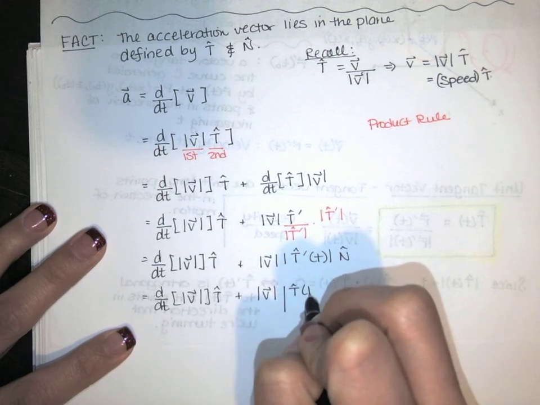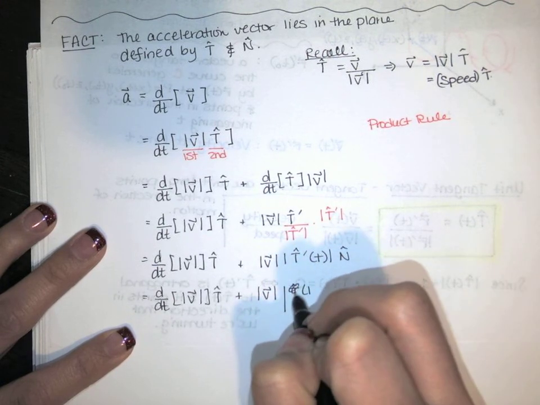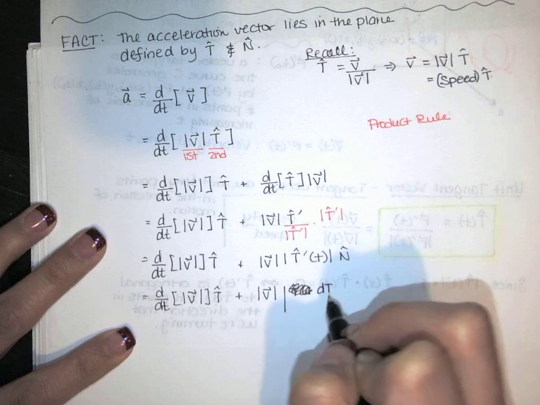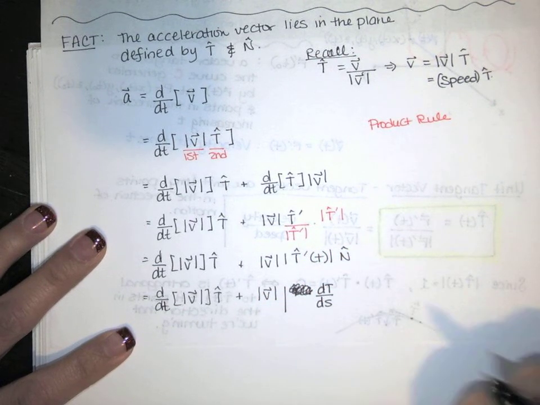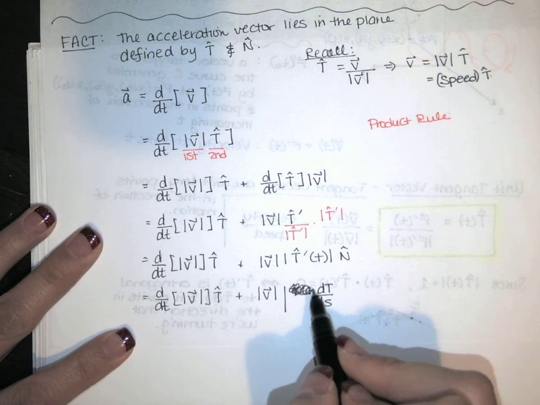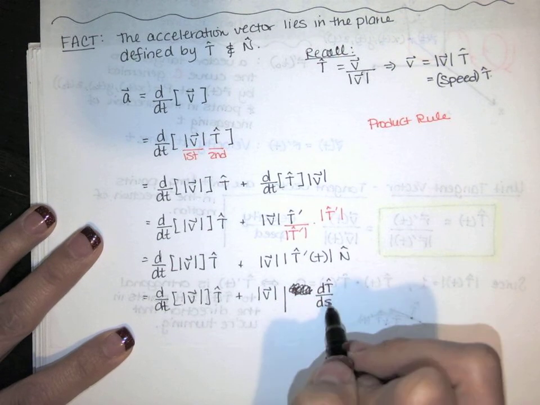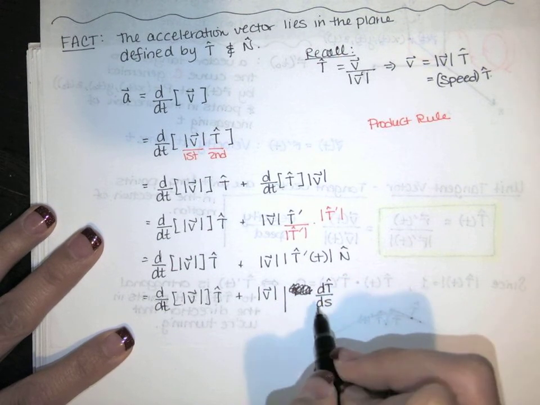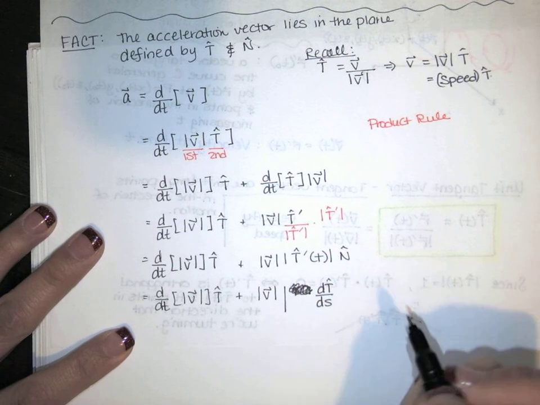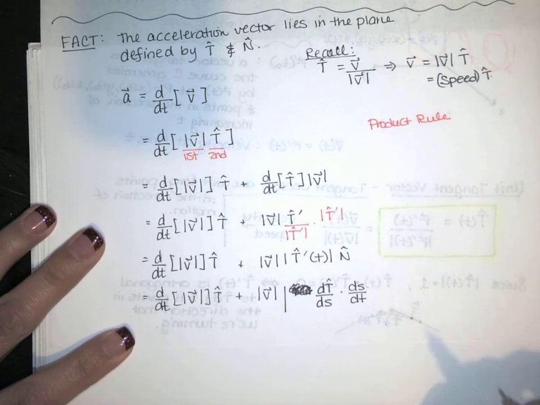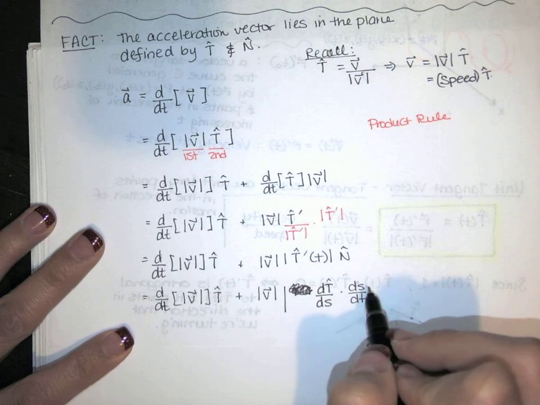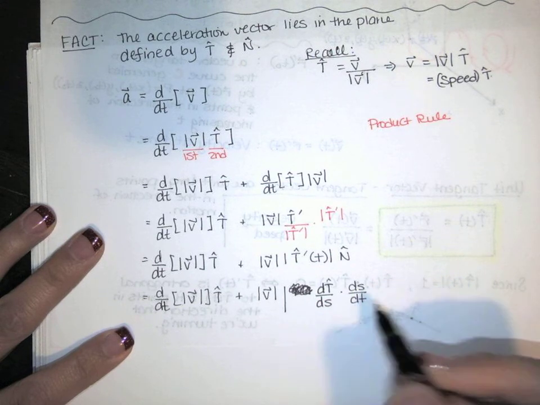Instead of doing that, I could take the derivative of t hat with respect to the arc length parameter, s. So this is the change in the unit tangent as we go a little distance, a little length along our curve, as long as I multiply by ds dt. And that's an instantaneous change in distance traveled along the curve per unit time.